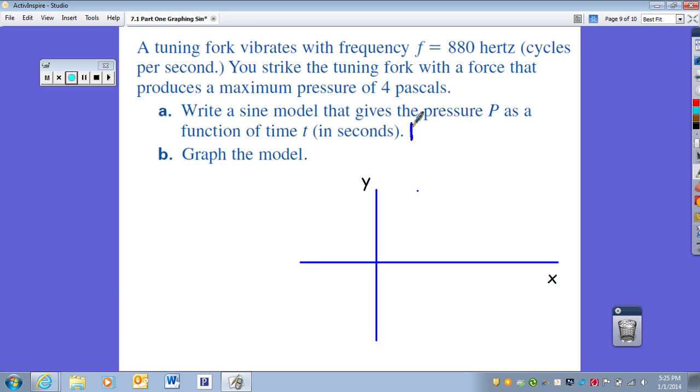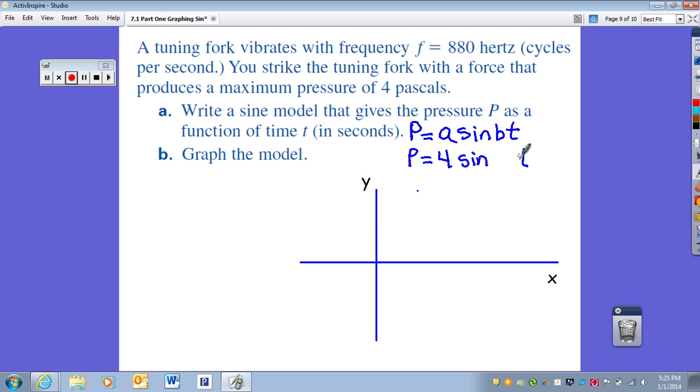P equals A times the sine of B T, where P replaces our y value and T is replacing our x value. So now we're going to fill in the values that we need. So P equals, A is going to stand for our pressure, so that's going to be 4 sine. And then we need to calculate our B, and then we have our T.